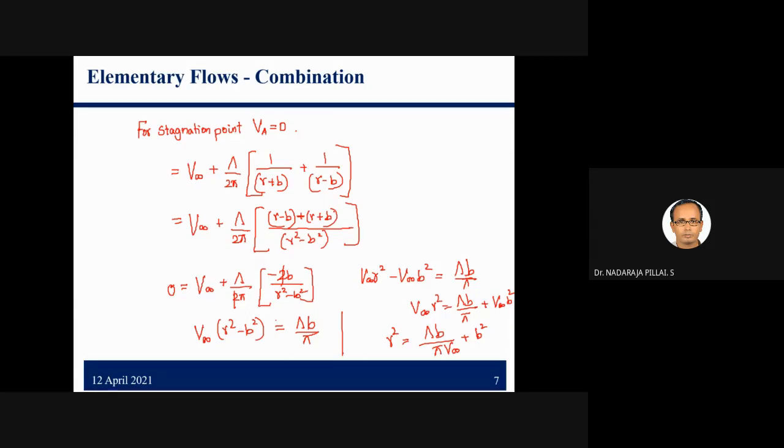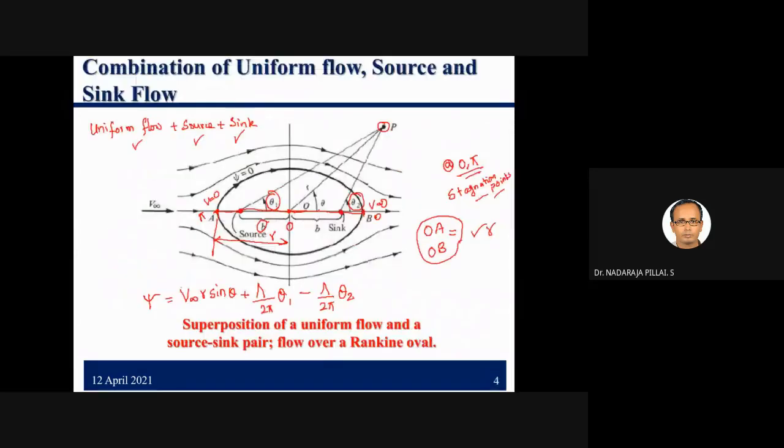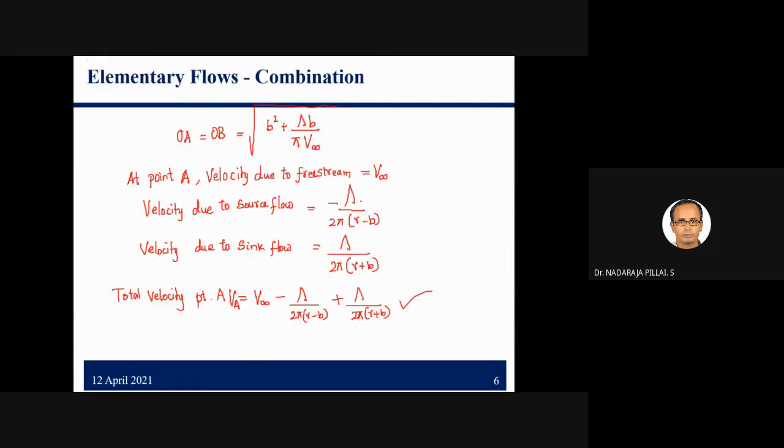So when you equate it to 0, finally we can get R square is equal to B square plus lambda B by pi V infinity, right? So the stagnation point location from origin O to A, we know, right? Okay. I hope this works.